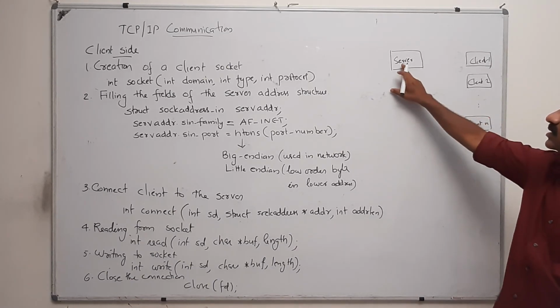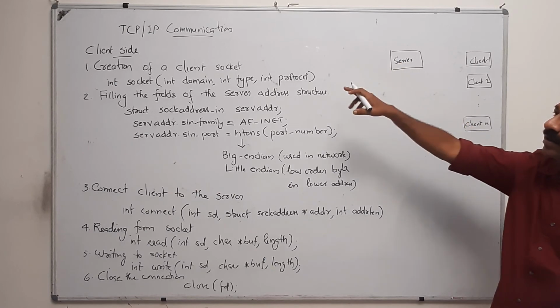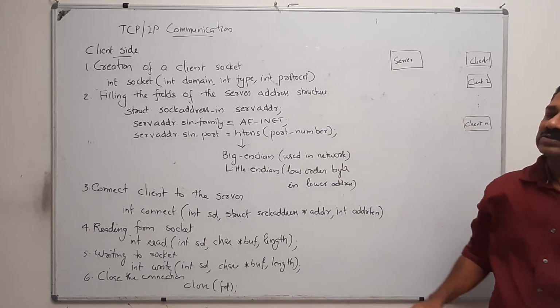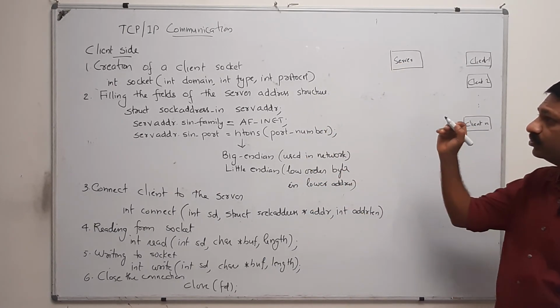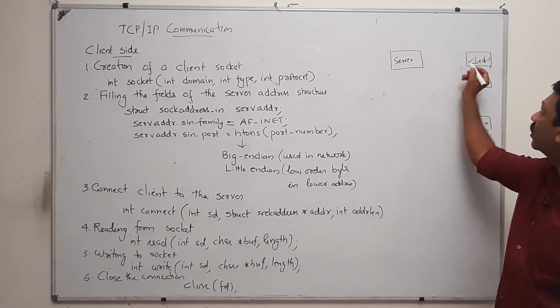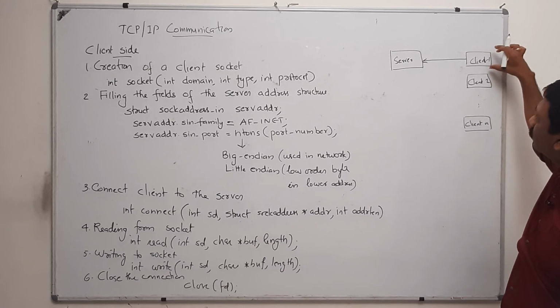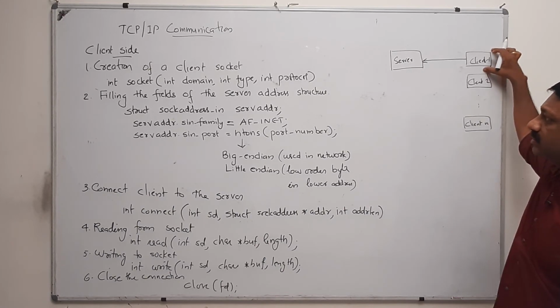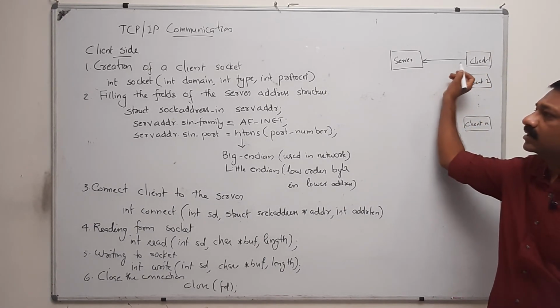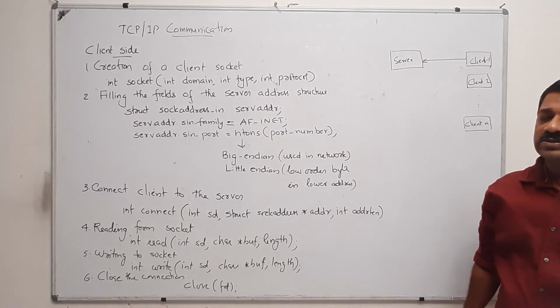So here this is the server, and now we are going to discuss what are the things you have to do when you are connecting to a server, and what are the things you have to do in a client if such a connection is required.